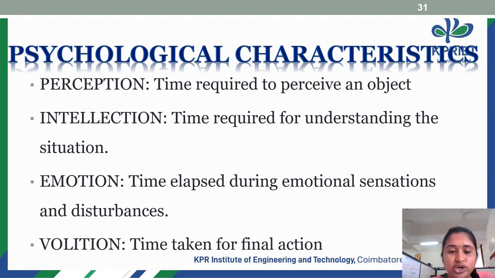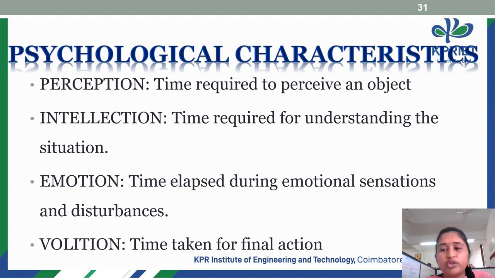So after analyzing the real situation, emotional balance and everything, the driver has to take a decision, right, that is considered as volition. So this is called the PIEV theory. That is, the time taken for perception, intellection, emotion, volition is called the PIEV theory. Based on this PIEV theory, we can quantify the psychological characteristics of the road user.